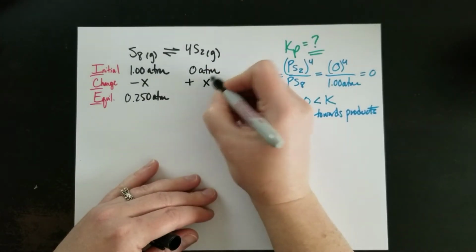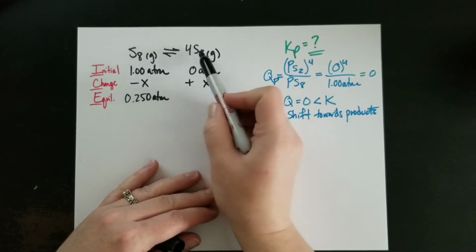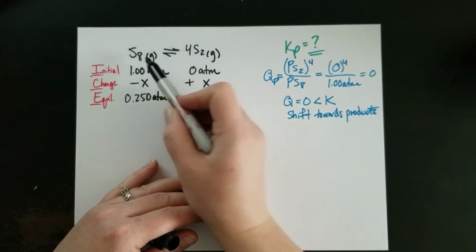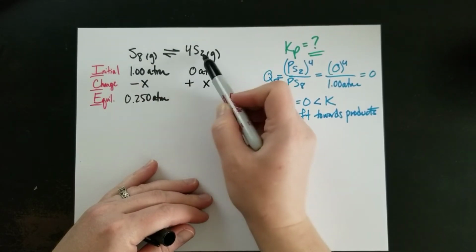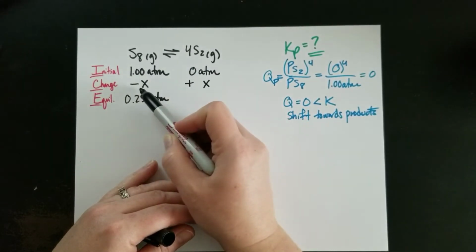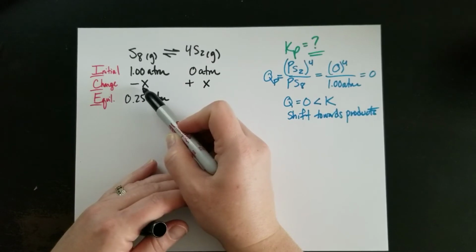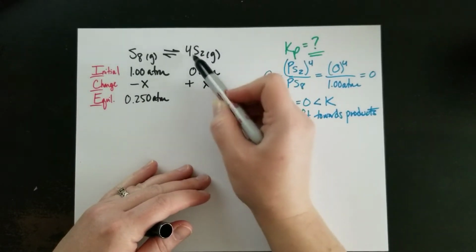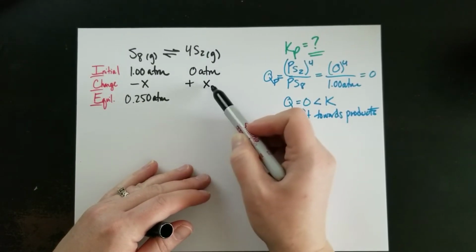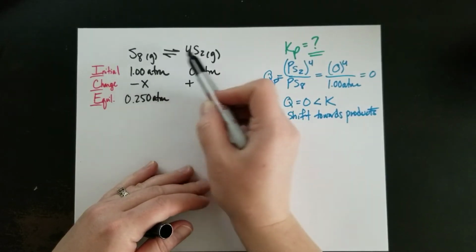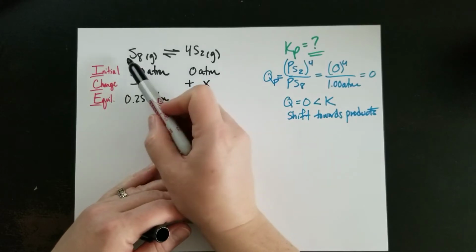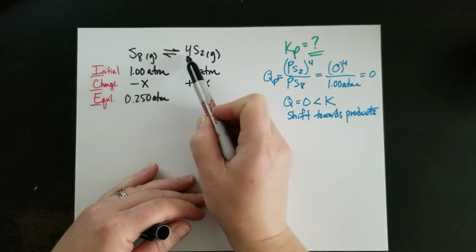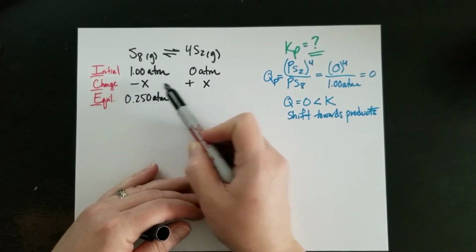and we are also going to still use x because there's always a relationship between these amounts, right? If 1 mole of this reacts, we're going to end up with 4 moles of our S2. And so this change of x has to be related to the positive change in x over on this side by that same stoichiometric ratio, that 1-to-4 ratio. So basically, you want to use the coefficients out in front of the reaction to represent the coefficients out in front of x.